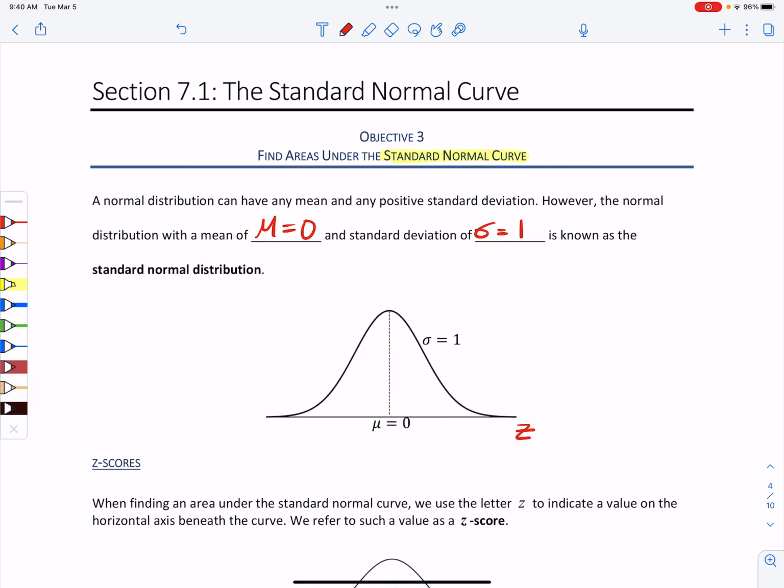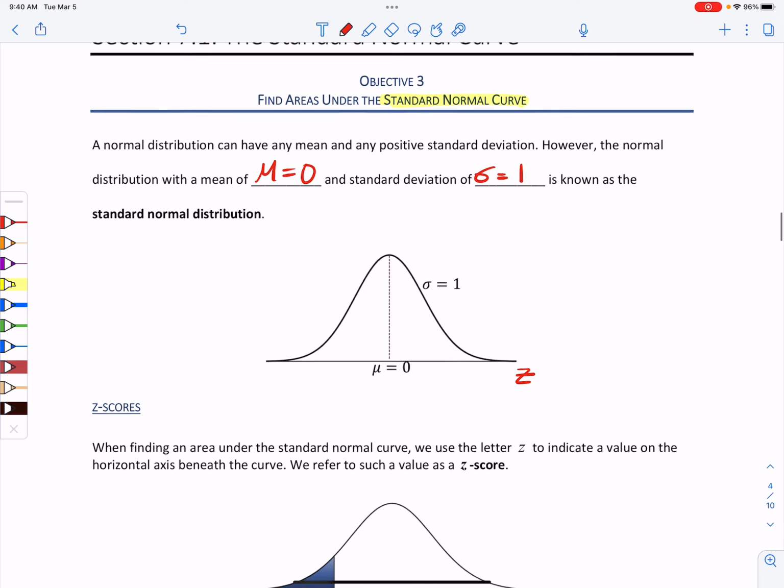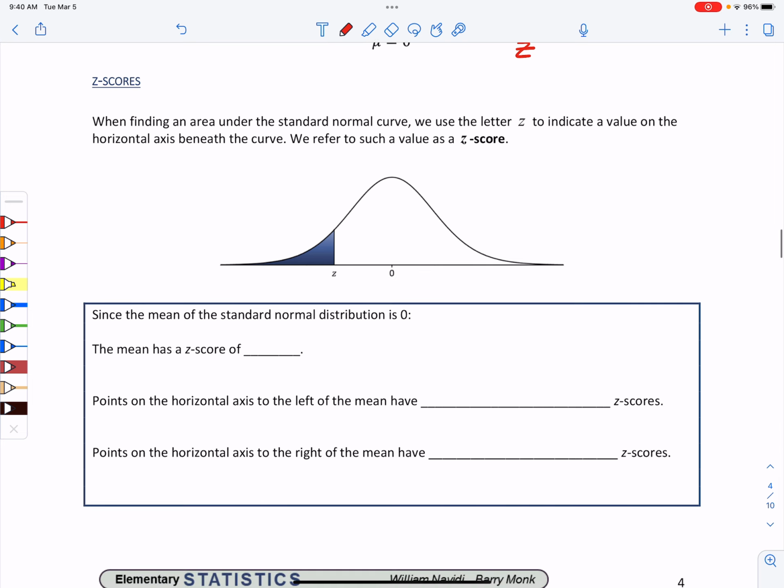Now, in your first video, you also saw a formula for a z-score and looked at some examples of converting to z. We're going to do more of that in section 7.2. What I want to focus on right now is just working with values when they're already given as a z-score.